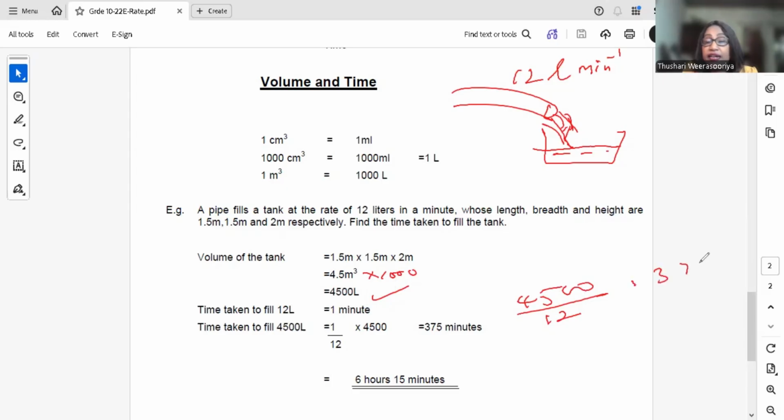There you get 375 minutes. We don't say it like that. We divide this by 60 to convert into hours. That is 6 hours and 15 minutes. It takes 6 hours and 15 minutes to fill this tank with the pipe.